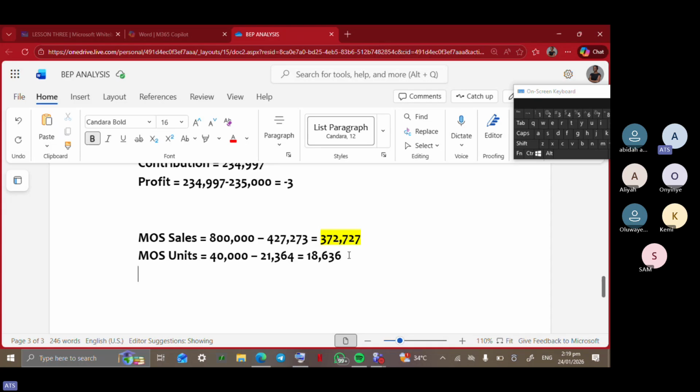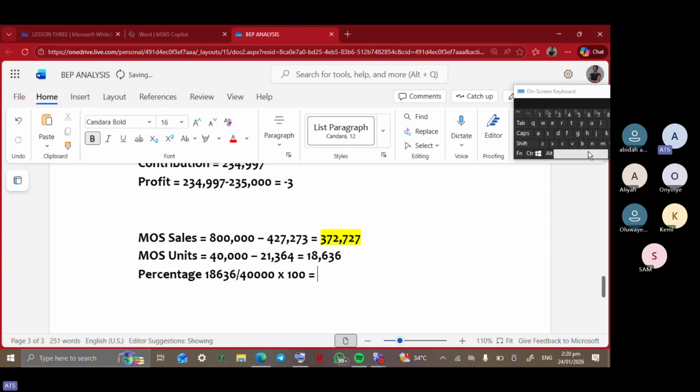Another thing they might even ask you for is the percentage. Percentage that is your margin of safety. So your percentage is going to be 18,636 divided by 40,000 times 100. Do this, please.